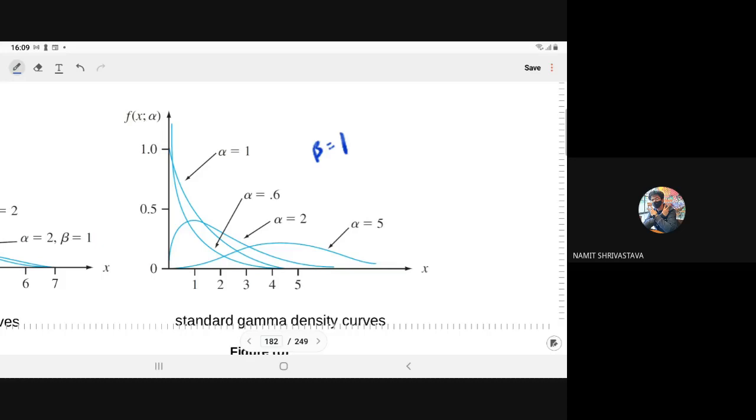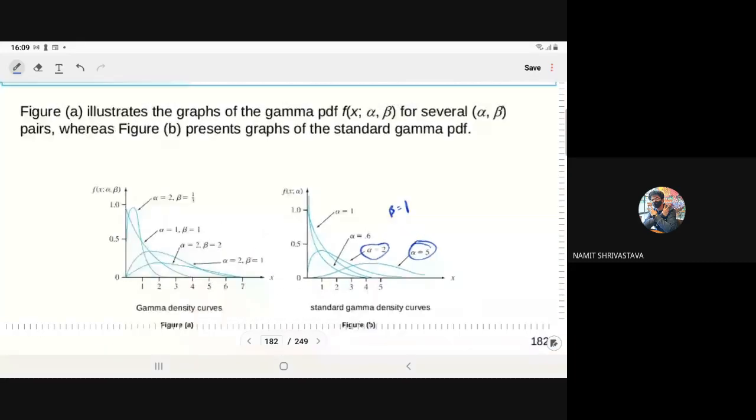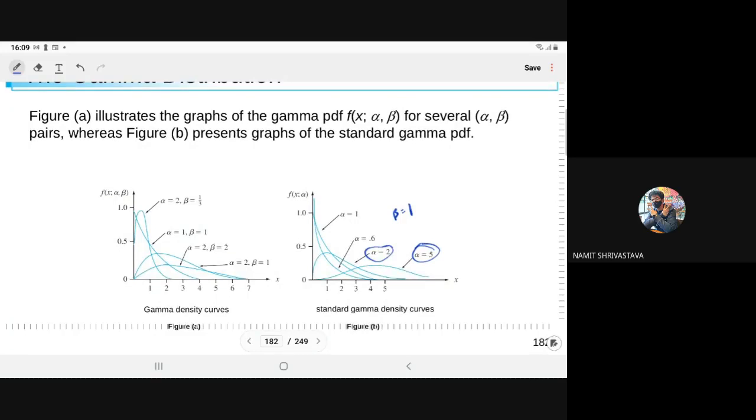So here you can see that when alpha is greater than 1, the graph first rises and then decreases. So we have the shape of the PDF for the gamma variate.